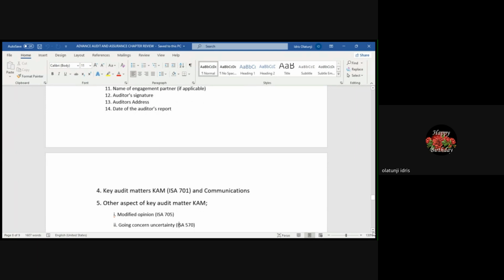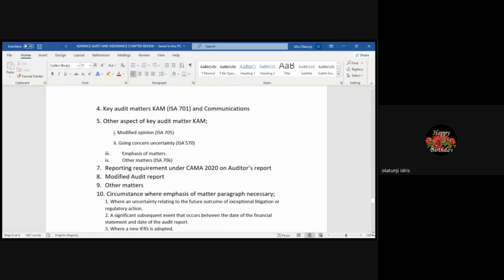Now let's go to key audit matter, ISA 701. What is key audit matter? I've explained the meaning of key audit matter before now, but for the sake of this class, I'm going to re-explain the meaning of key audit matter again. Key audit matters are the significant matters that the auditor comes across while auditing the financial statement of an organization, but they do not relate to financial information, though they have significant effect on the financial statement.